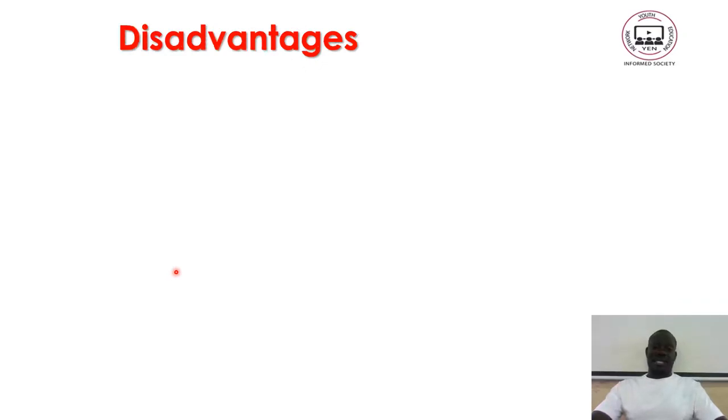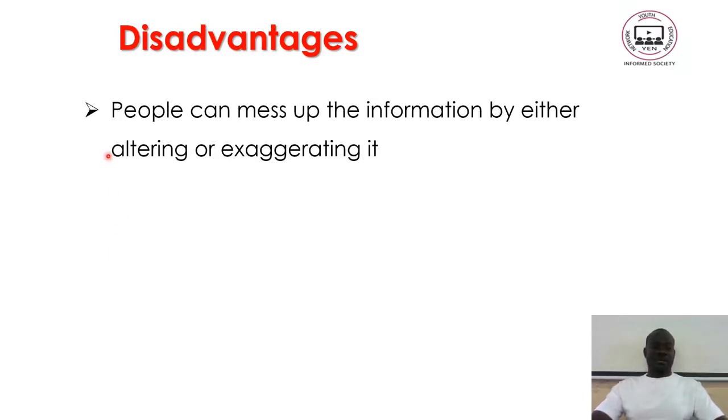But there are some disadvantages. What are the disadvantages of the oral sources of history? Firstly, people can mess up, can destroy the information by either altering or exaggerating it. People can exaggerate.